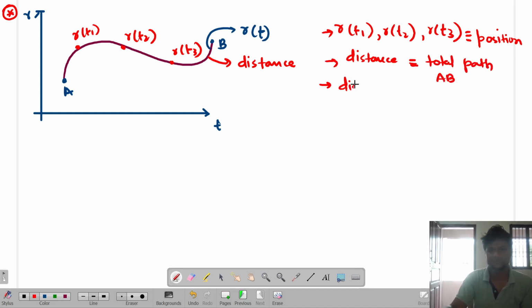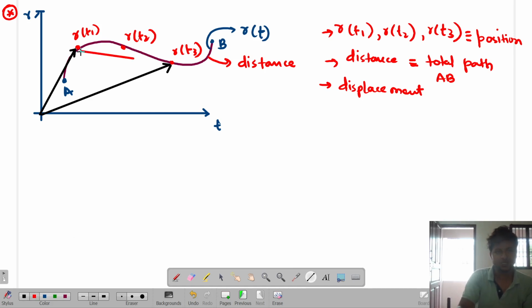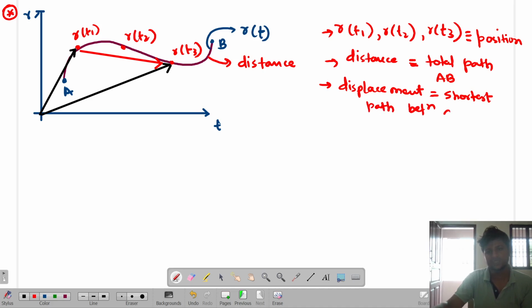Displacement: let's suppose I talk about any two time instants, then you will draw a position vector connecting r of t1 and r of t3, and the displacement is this straight line, or you can say the shortest path between any two points.